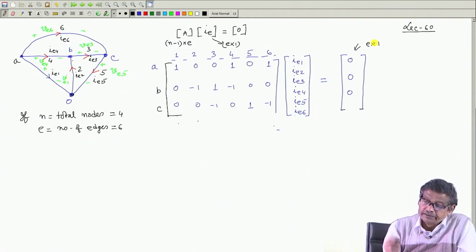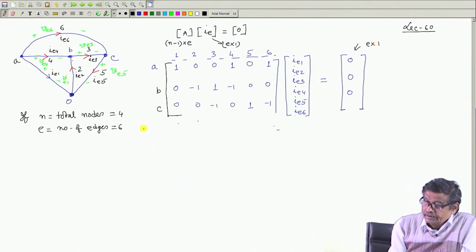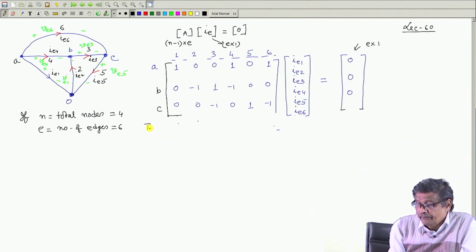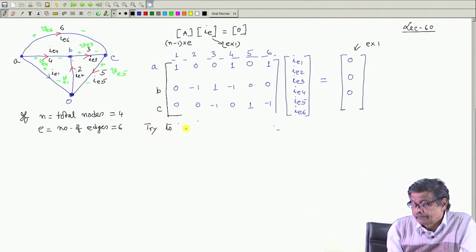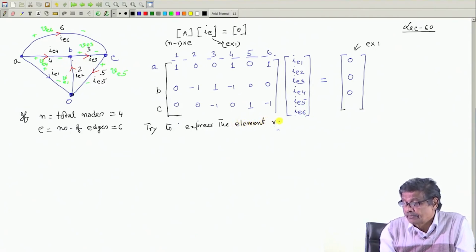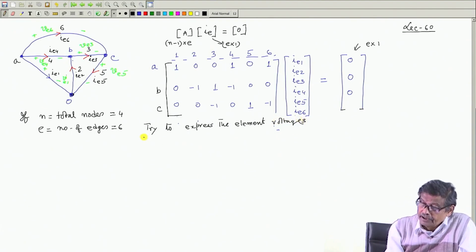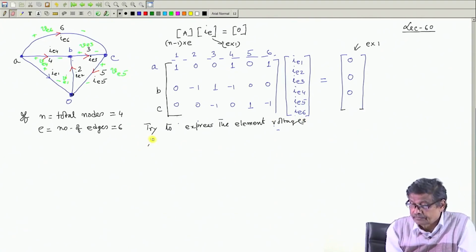Now, what I will do is try to express the element voltages, that is V1, V2, V3 etc., in terms of node voltages.